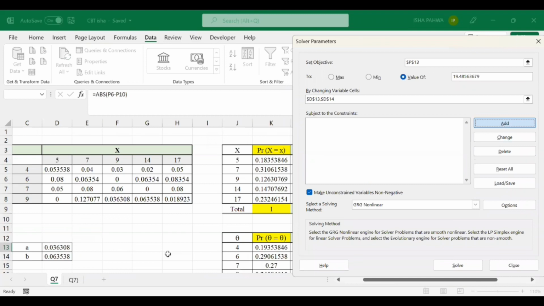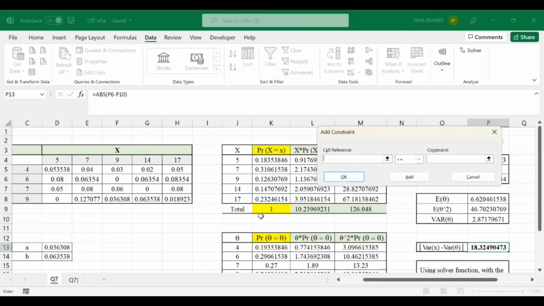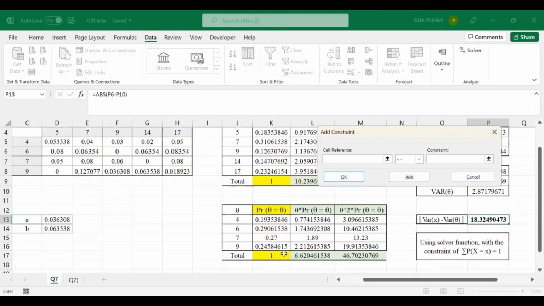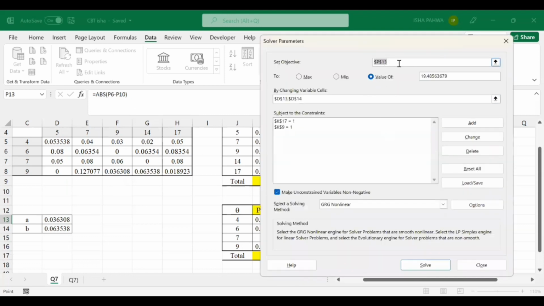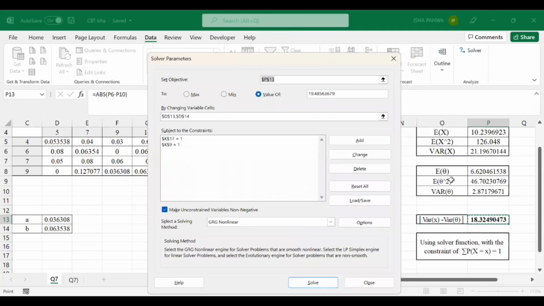So the first one would be this should always be equal to 1, and we add one more, which is this should also be equal to 1. Okay, so everything is okay. So we do the solve.